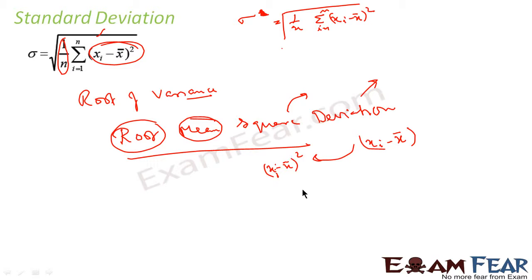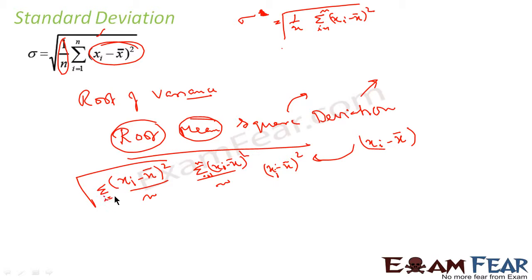Once you have the squares, for all these values you find the mean. So you get summation of xi minus mean square by n, where i is equal to 1 to n. Once you have this mean, you take the root. You get root of summation of xi minus mean square by n. So this is called root mean square deviation.